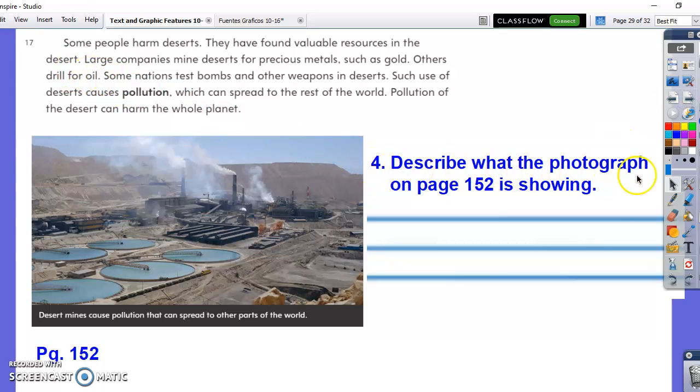Number 4, describe what the photograph on page 152 is showing. Again, use the text, please, and also use the caption when answering this. Why is the author specifically showing this picture?